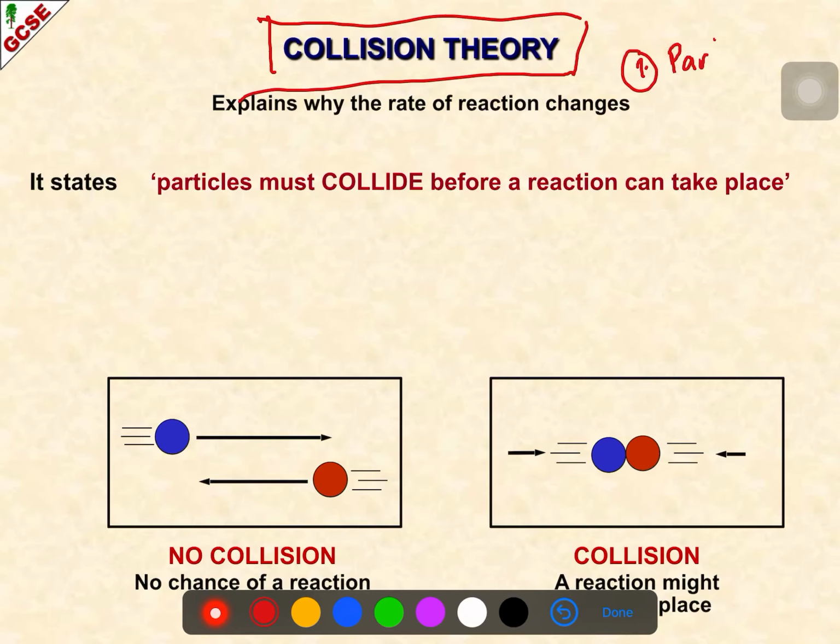First, the particles need to collide. Without collision, there will be no reaction. The more collisions, the faster the reaction. So you need the particles to collide, otherwise there will be no reaction.